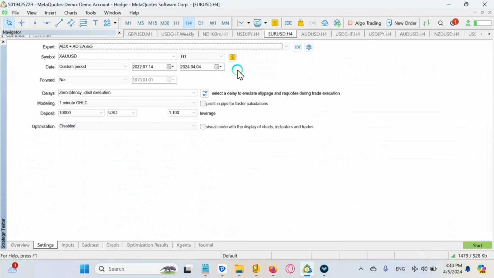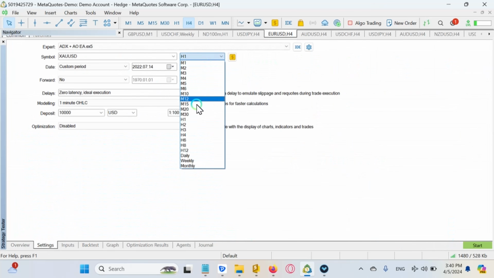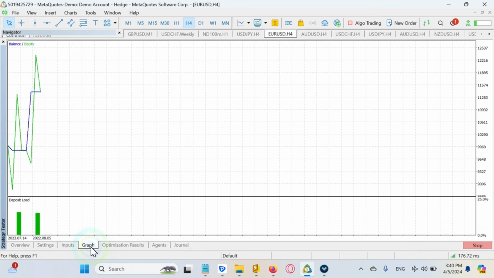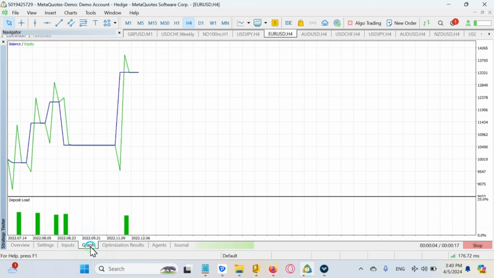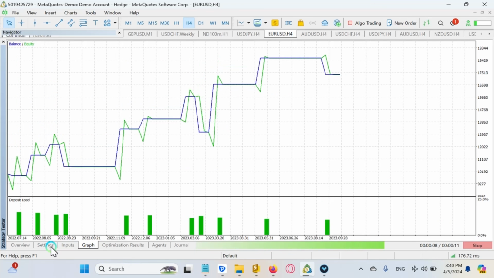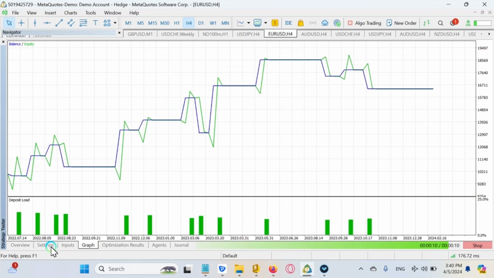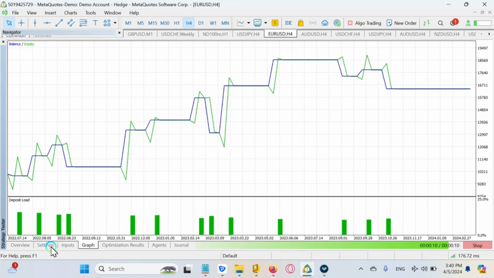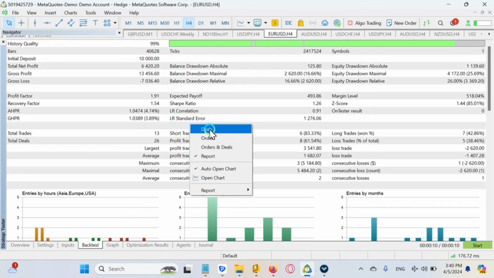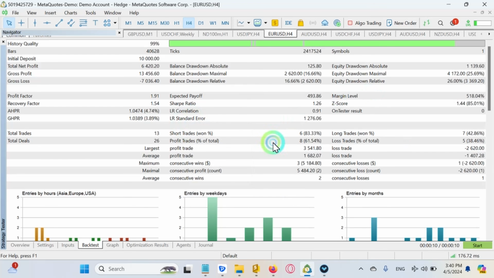and I want to just test it on like a 15-minute chart, just to see how it is working on a slightly lower time frame. It is great. Wow, I didn't test it beforehand, before the video, because I didn't have the time for it.